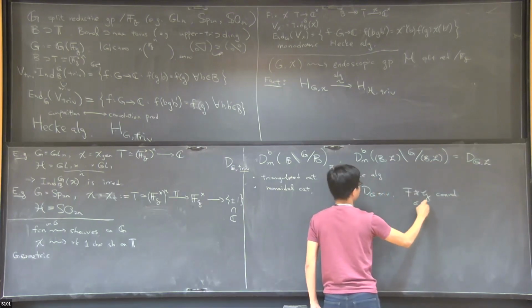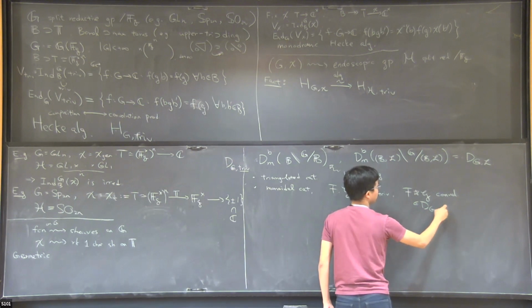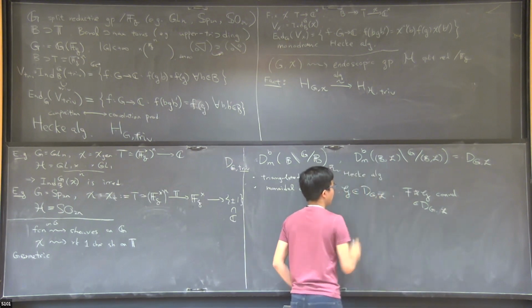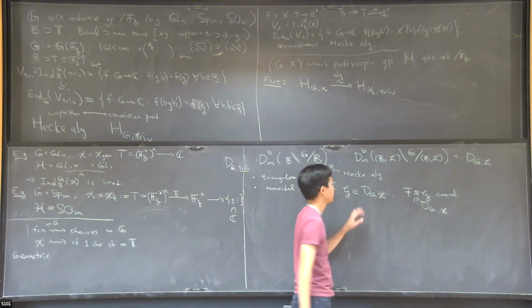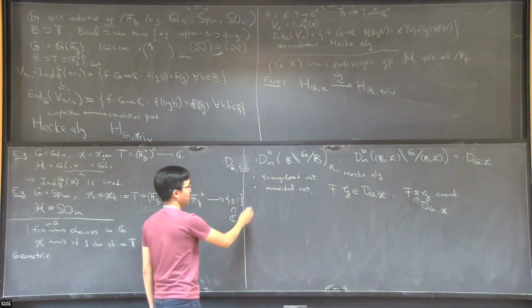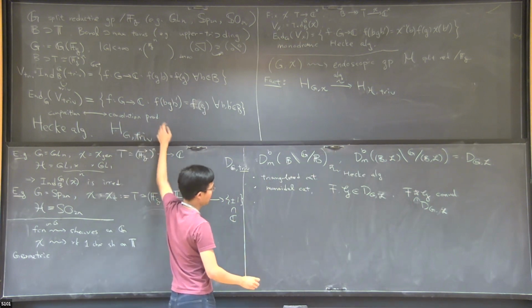So basically, I could define some kind of product inside these two categories, with the same formula by the convolution product.